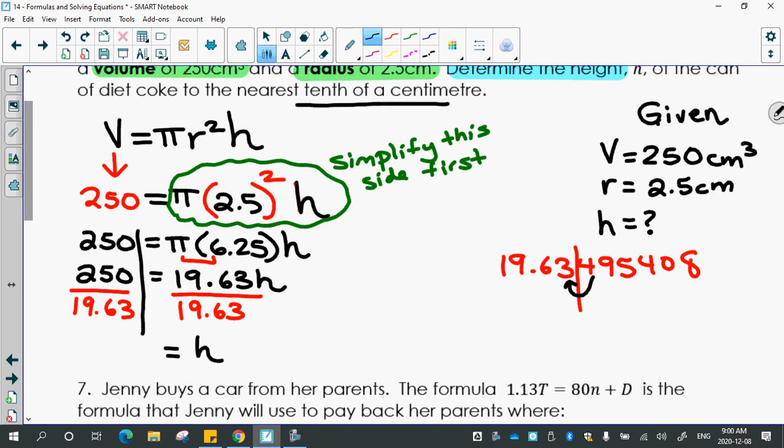So I got 12.73, but the 3 tells the 7 to stay the same. And because that's a rounded answer, you put your dot above the equal sign. Okay, this means approximately 12.7 instead of exactly 12.7.